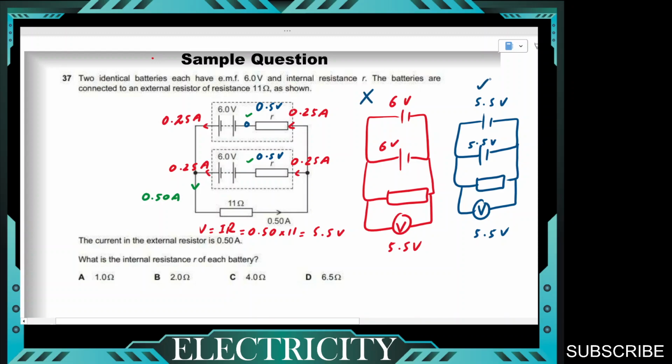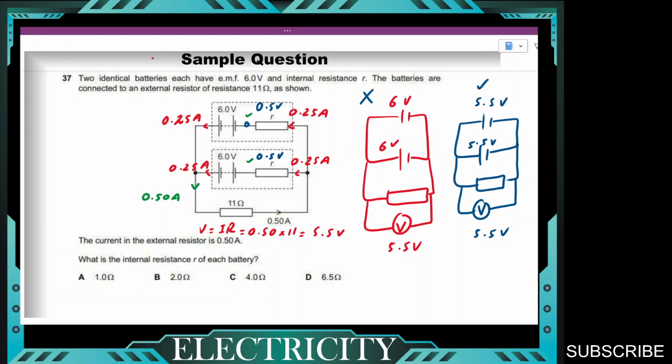So how do we answer that? We say we were never getting 6 volts in the first place. The potential difference across the battery was 5.5 volts because 0.5 volts is dissipated or dropped across the internal resistance. Now, you can use either of it, the upper one or the lower one. Let's consider this.